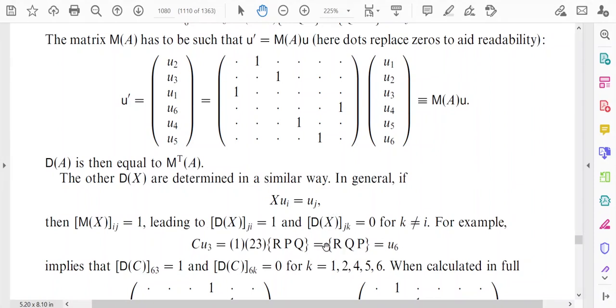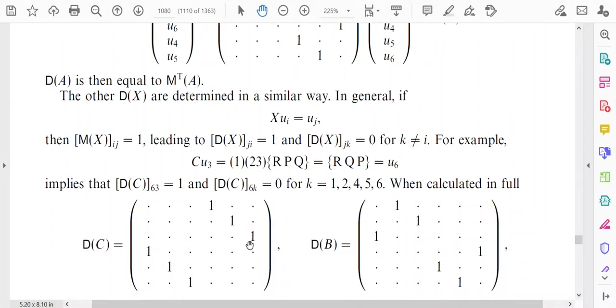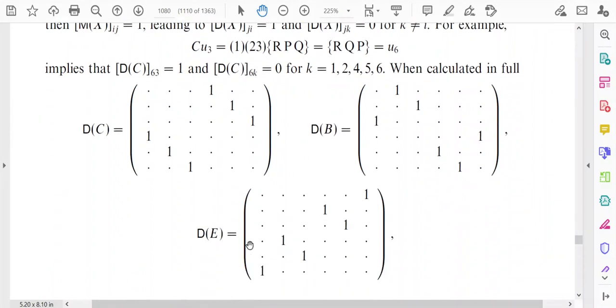So whatever it is, ultimately we have to find the representative matrix D for all other elements. Suppose after you obtain the other representative matrices, for example DC, we have not shown the overall procedure to determine DC, because it will be just the same procedure as we determined DA. So suppose this is DC, this is DB, this is DE.